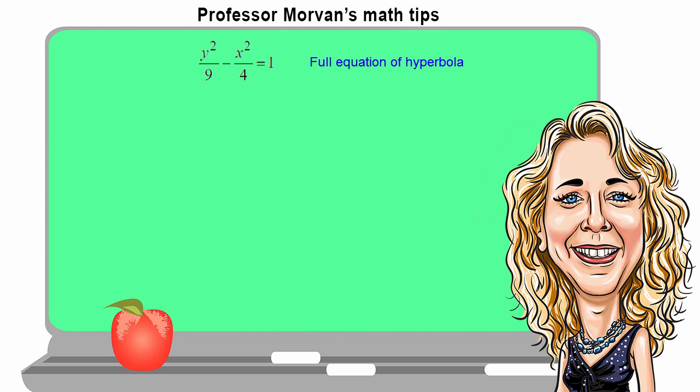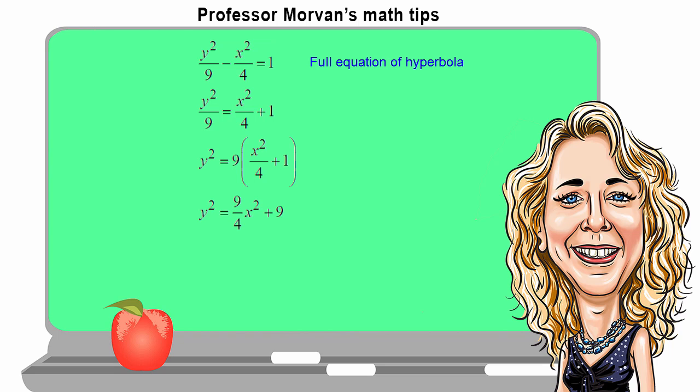I just wanted to give you a quick heads up that in my math lab, you may need to solve for the upper branch equation versus using the full equation of the hyperbola. So we know it starts out as y squared over 9 minus x squared over 4 is equal to 1. And if we wanted to solve for the upper branch equation, we would first add the x squared over 4 to both sides. Next, we would cross multiply the 9 and then distribute that 9.